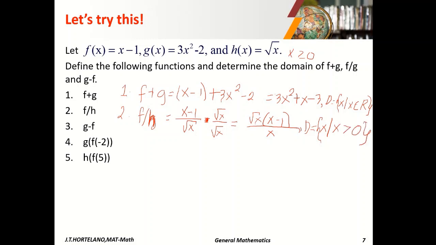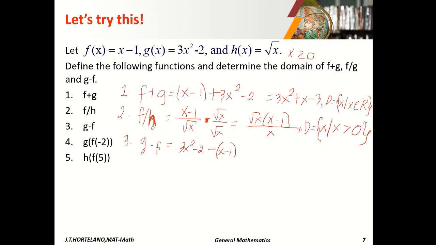Okay? Next, number 3, g minus f. So for g minus f, we have 3x squared minus 2 minus, lagay natin sa grouping symbols, f is x minus 1. So bakit lagi yung ganyan kailangan naka-grouping symbols?